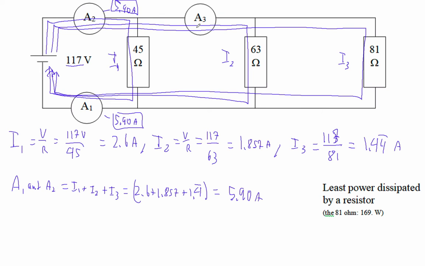This guy will read less because it doesn't have I1 in it, right? So ammeter 3 only has I2 and I3 going through it. So I2 is 1.857 and I3 is 1.44.